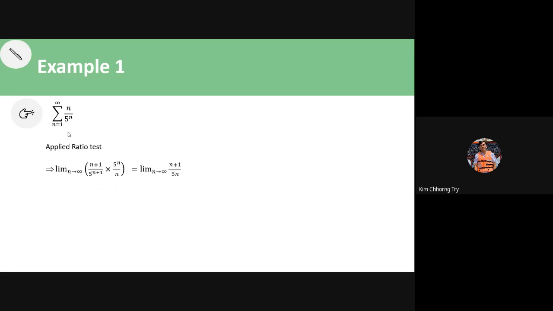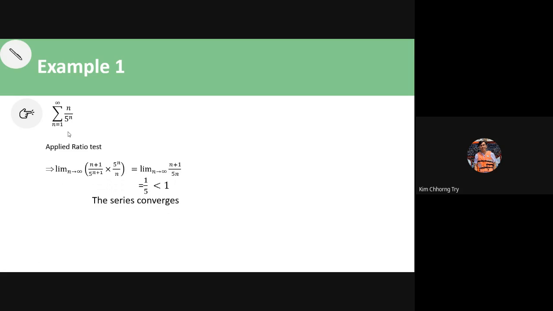We don't need absolute values because a sub n is positive. We find the answer, which is 1 over 5. 1 over 5 is smaller than 1, so by the ratio test, our series converges.